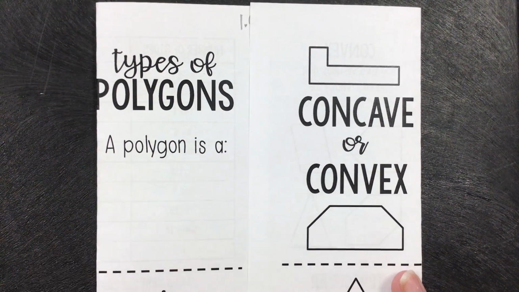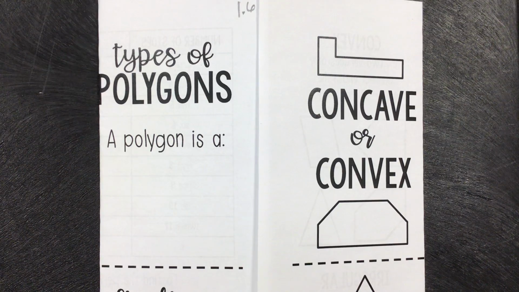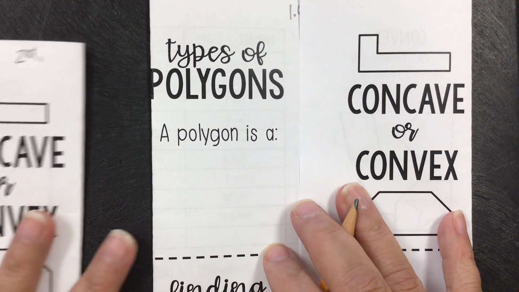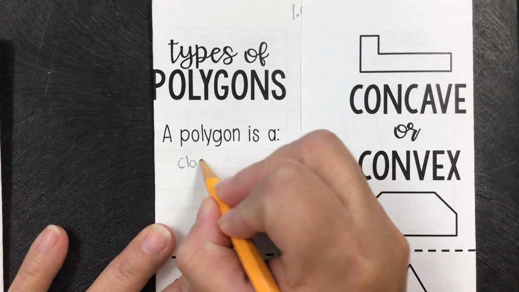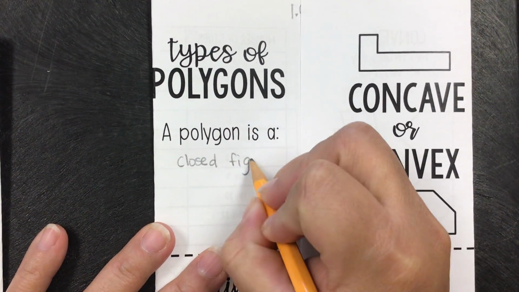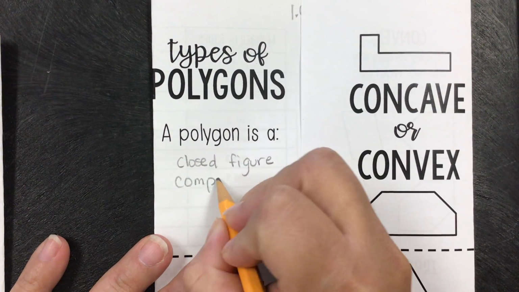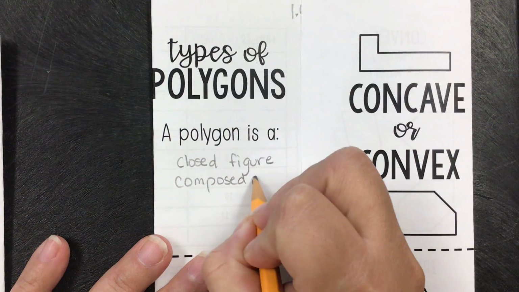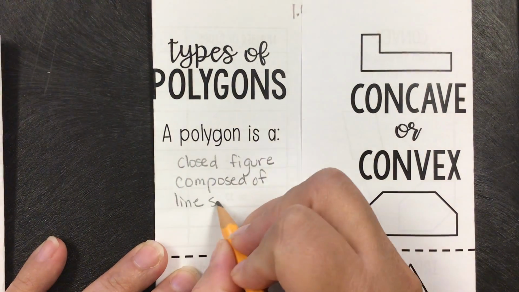What we're looking at today is polygons. Polygons are a closed figure composed of line segments.